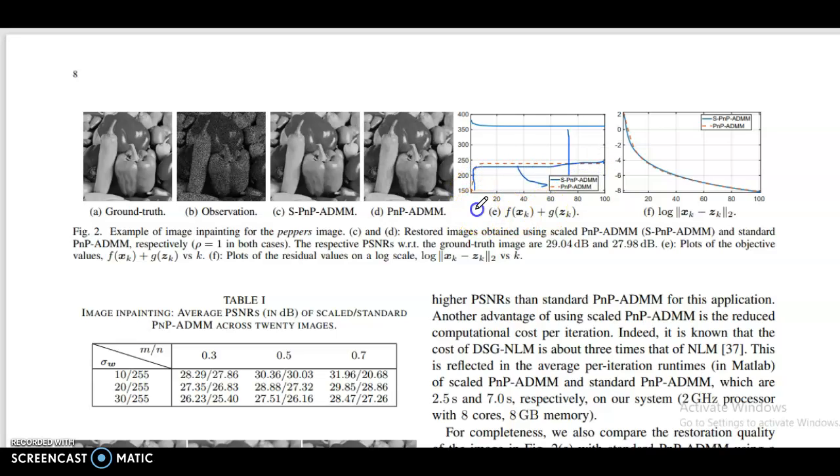The axis values run 0, 20, 40, 60, 80, 100, 150, 200, 250, 300, 350, 400 for the plots of f of xk plus g of zk, and the log of the residual norm ranges from minus 8 to 2. Here, PnP-ADMM is this blue color and scaled PnP-ADMM is this orange color.